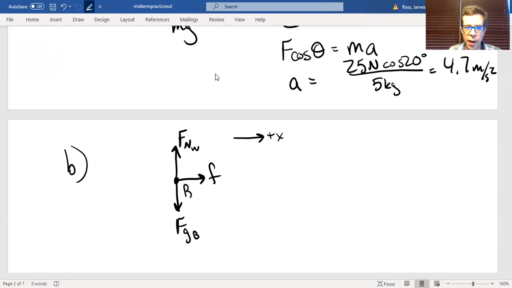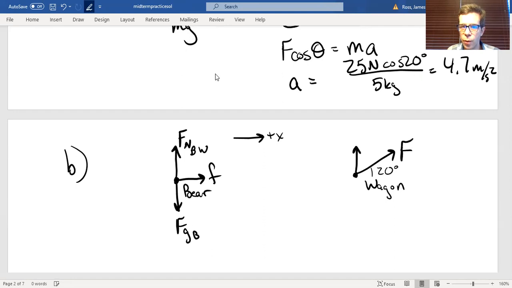So now let's look at the wagon. Since we have two things, let me be real specific with my subscript here. This is on the bear due to the wagon. All right. Now for the wagon, what do we have? We have our applied force, which was at 20 degrees.